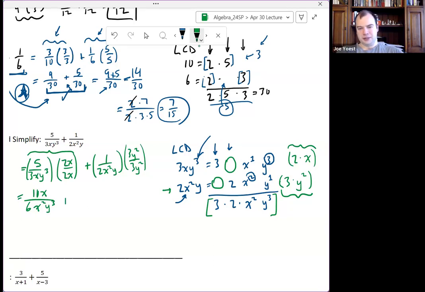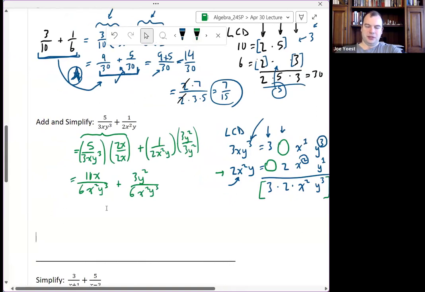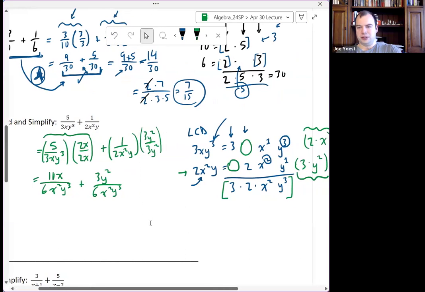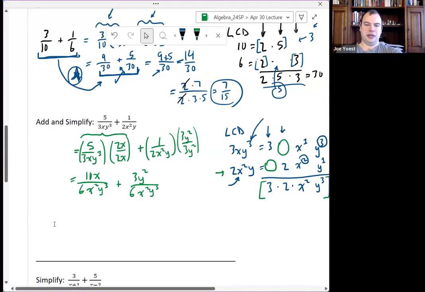And my second product, multiplying across the top, 1 times 3y squared, 3y squared. And my denominator, 2 times 3 is 6, x squared, y cubed. And we now have the same denominator. We're now adding two fractions with like denominators. The numerators changed a little bit, and it was important to do all of this work to figure out exactly how the numerators needed to change.